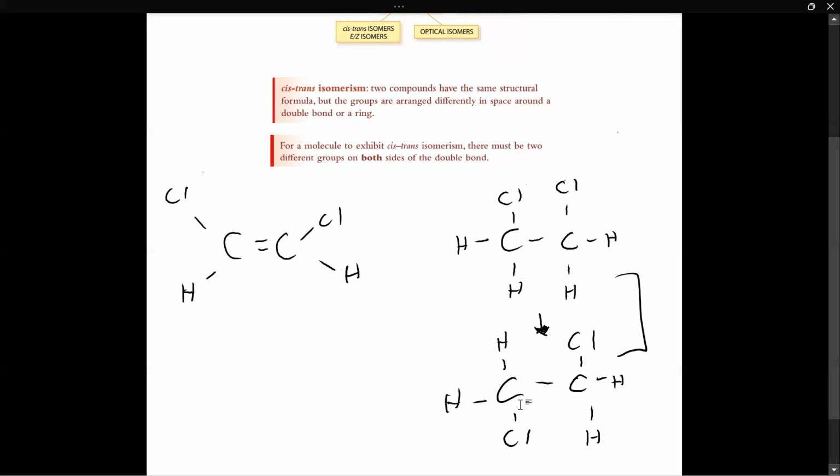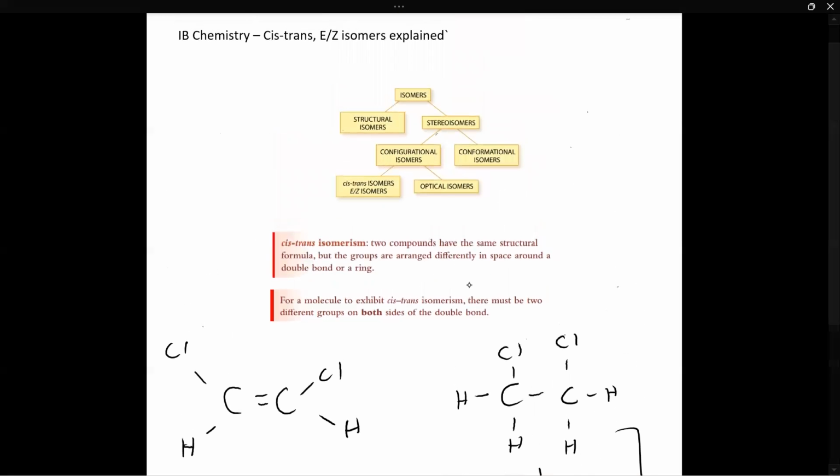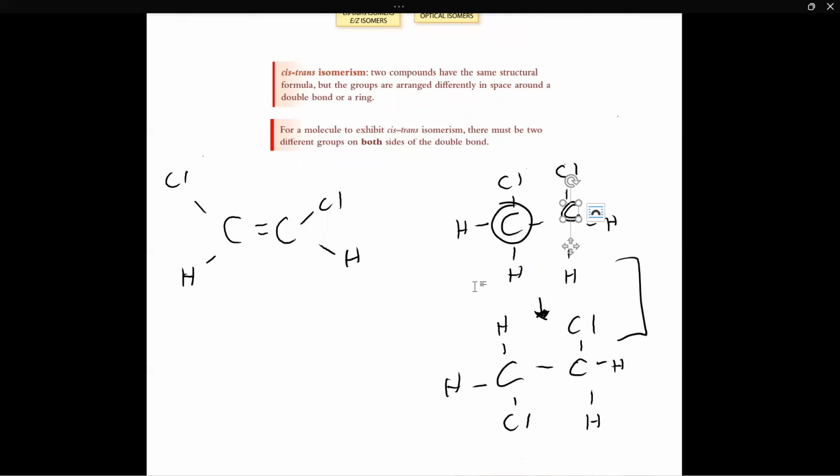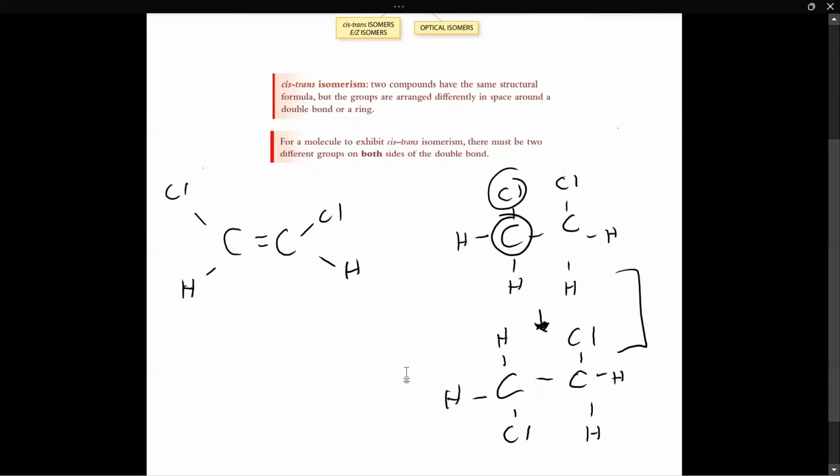What I have done is basically I have this carbon over here, and I have rotated it so that the chlorine, which was previously on top, moved to the bottom. I don't require anything extra to do that rotation. No energy is required to do that rotation because of this single bond.